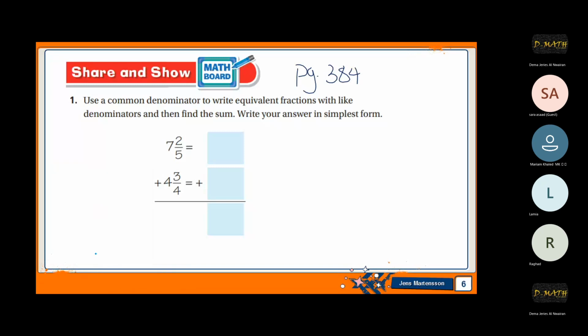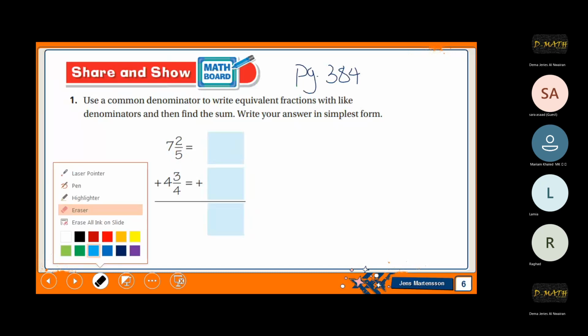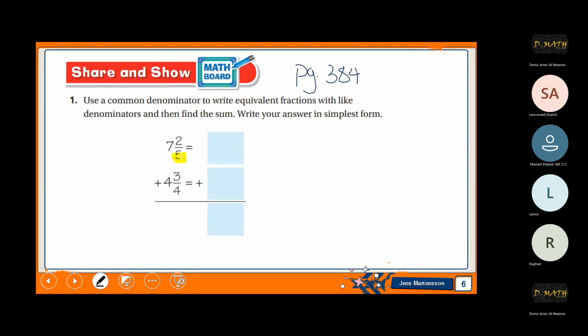Now look at here. Where is my denominator? 5 and 4. Where are my denominators? Are they the same? No. So what do we have to do here? What are the multiples of 4? 8, 12, 16, 20.